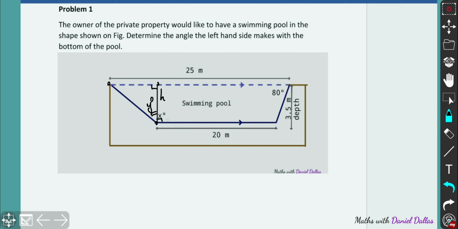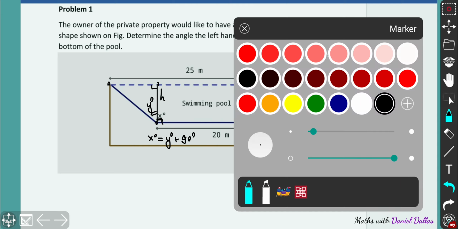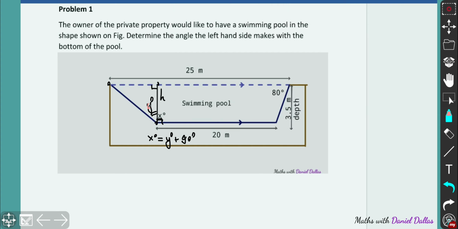So in total, angle x is the sum of y and 90 degrees.